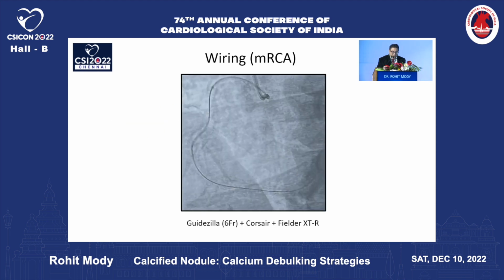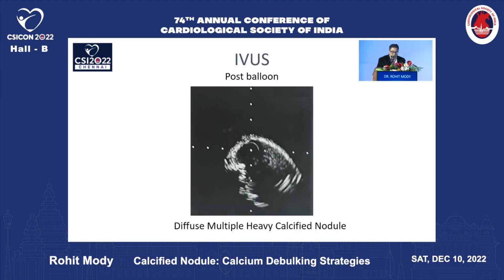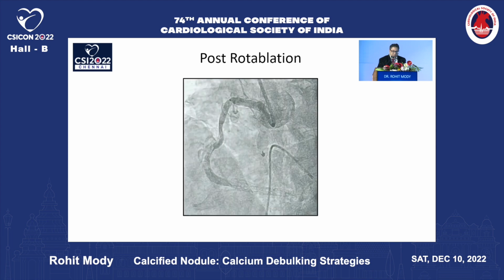So this is a patient with a calcified nodule where Guidezilla support was taken, Corsair was taken, and a Fielder XT wire crossed. Then with smaller and bigger balloons, there was serial dilatation. You could see after the balloon there were diffuse multiple heavily calcified nodules, so rotablation with a 1.5 burr was done.